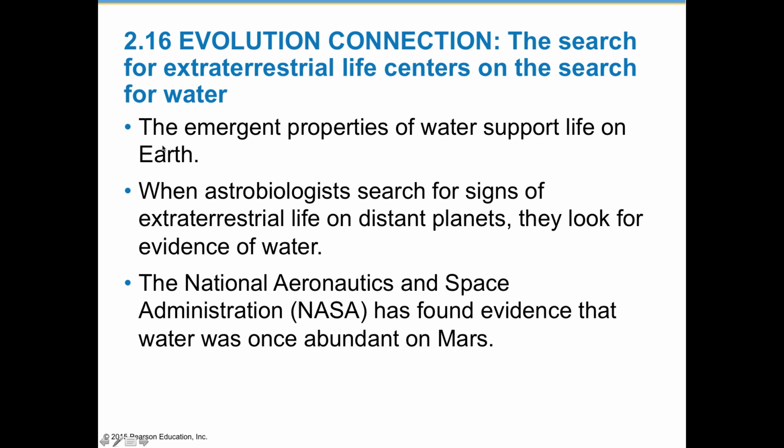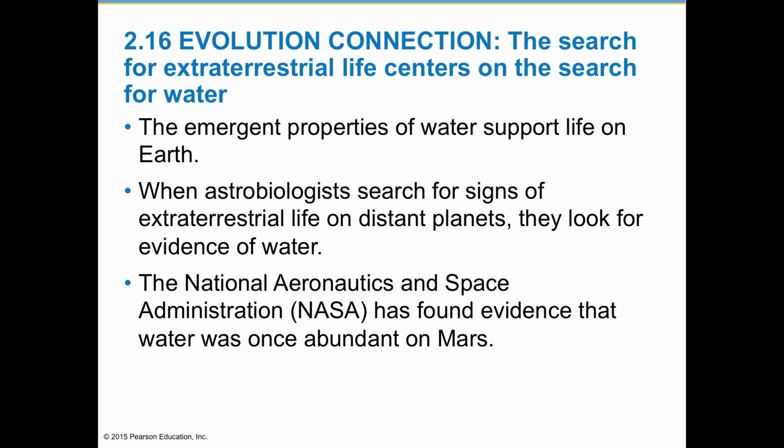All right, so again, the emergent properties of water, and we talked about emergent properties last class, support life on Earth. That's why there's all this talk about, is there life on Mars? Looking at other planets hasn't shown any presence of water. If there's water, there has to be some sort of life based on what we know. Everywhere, water is essential for life.